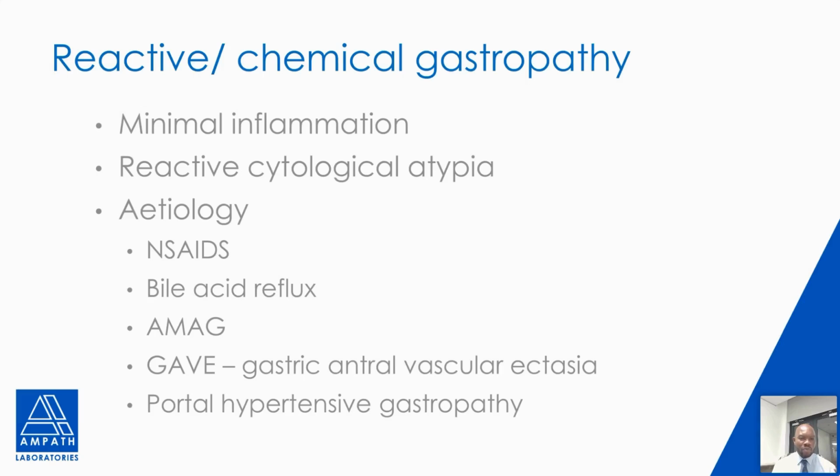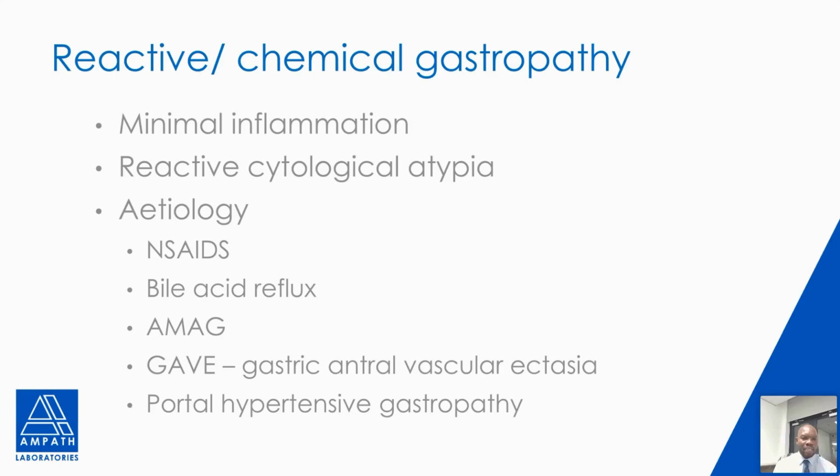The other causes may be part of bile reflux, so if there's been a procedure like a Whipple, then it may help us to also know. It may be part and parcel of autoimmune metaplastic atrophic gastritis, or it may be seen as part of gastric antral vascular ectasia, which may show areas of fibrin thrombi in the blood vessels.